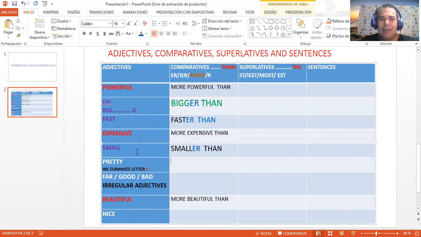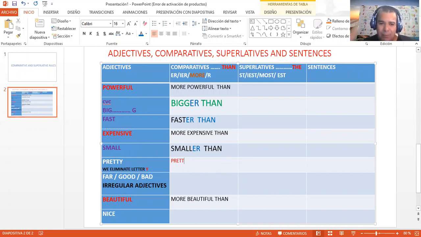Let's continue. That is 1, 2, 3, and this is number 4. Rule number 4 is this adjective, pretty. Pretty is an adjective that ends with the letter Y. But here the rule says we eliminate letter Y. So we need to eliminate it.